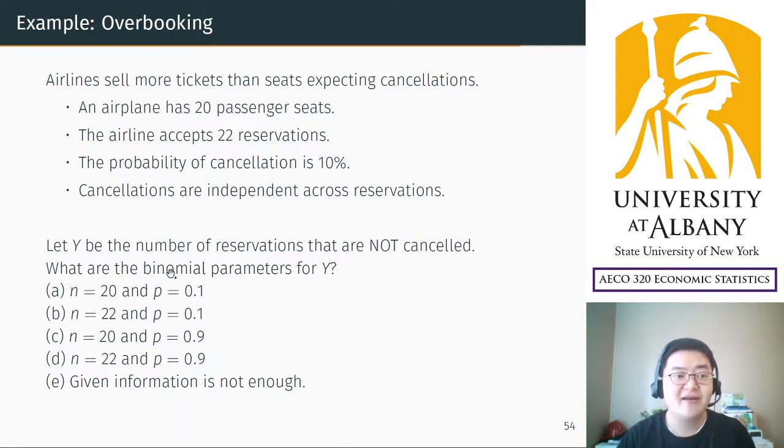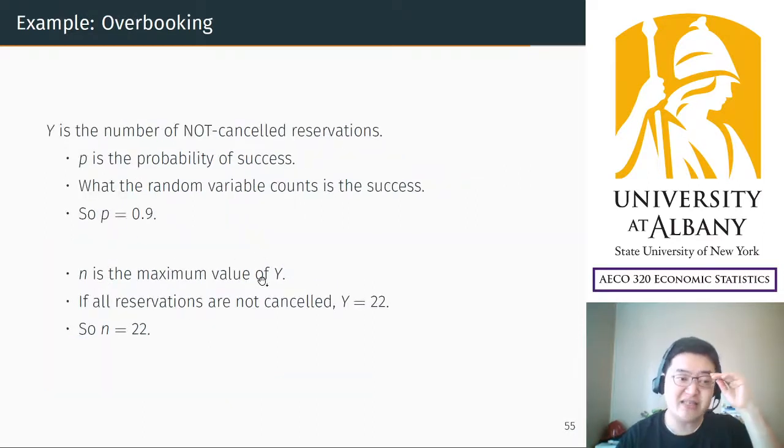And the second trap: there are two numbers, 20 seats and 22 reservations. What is n? You may think of n as the number of trials, or alternatively, an easier way to understand the parameter is that it's the maximum possible value of Y. In this case, the maximum number of Y is 22, when no reservation is canceled.